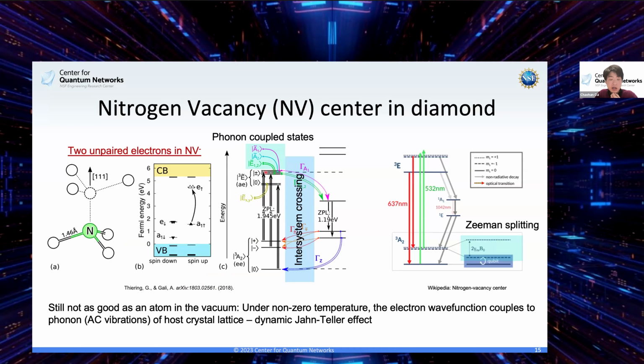This could cause some trouble when we use it as quantum memory. Another trouble of the NV center is called the intersystem crossing, which happens if you're at this m equal to plus and minus state. The m is the total spin of these two electrons.